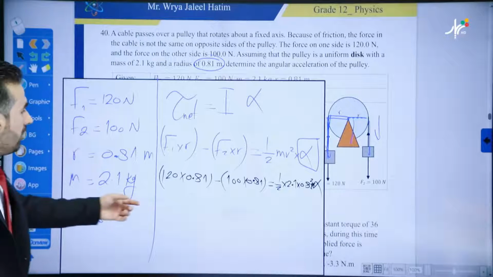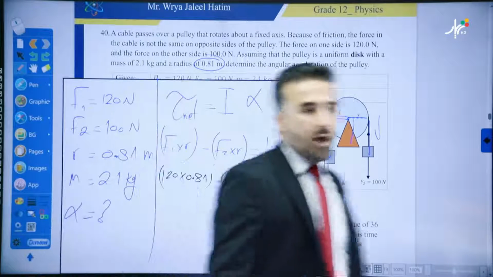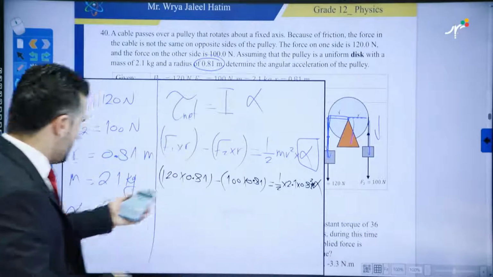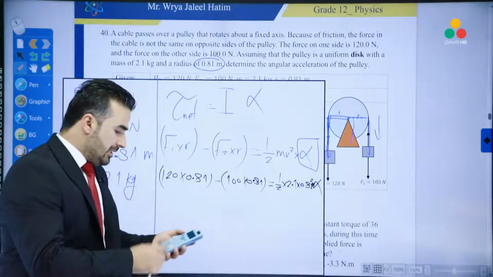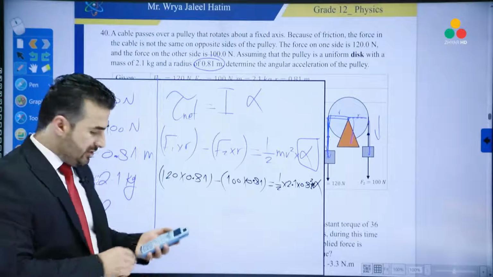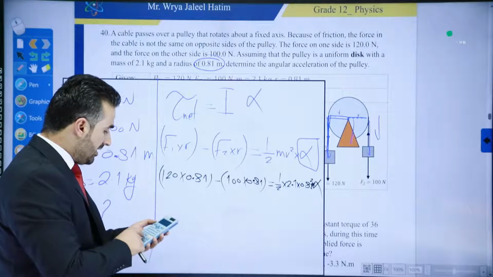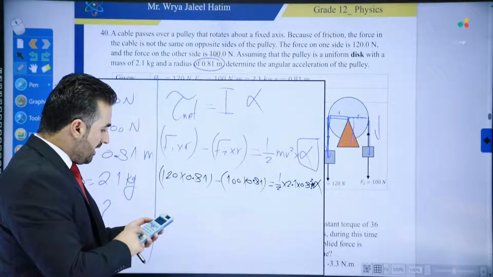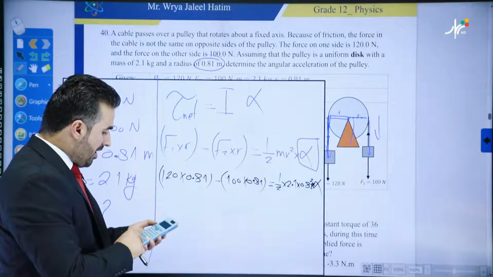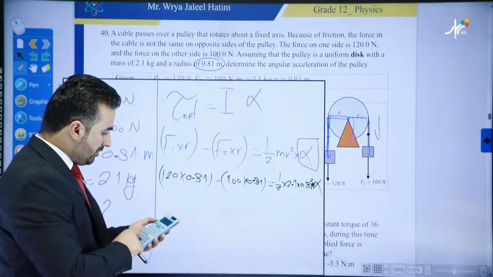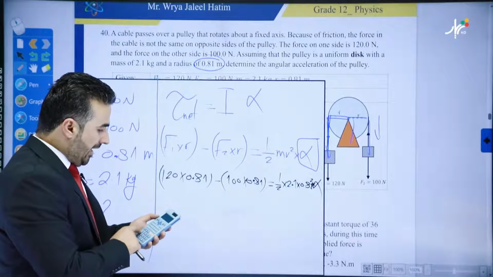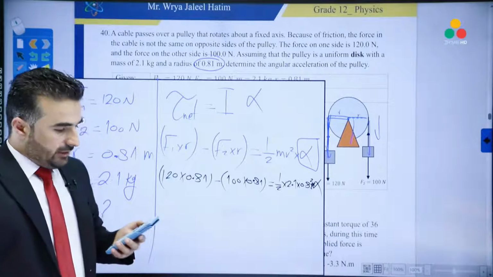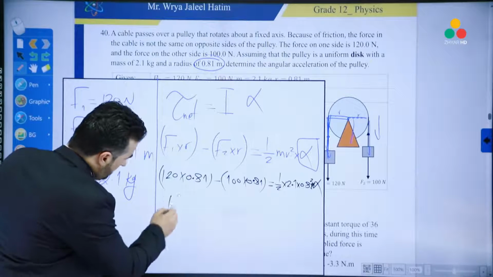Use a calculator: 120 multiplied by 0.81, and then minus. We can do all this in one step, so you can open a bracket if you're using a calculator so that you don't get a different answer. Open a bracket, 120 multiplied by 0.81, close bracket, and then minus, open another bracket, 100 multiplied by 0.81, close bracket, press equal, you will get 16.2.